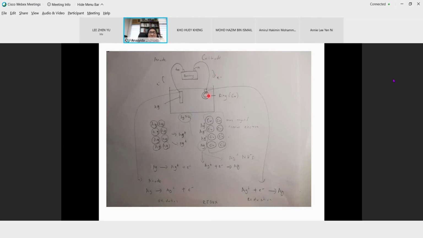And the other part that you're going to coat on your ring should be on the anode side. Basically, this piece of silver contains all the atoms of silver, betul tak? And this ring contains all the atoms of copper.